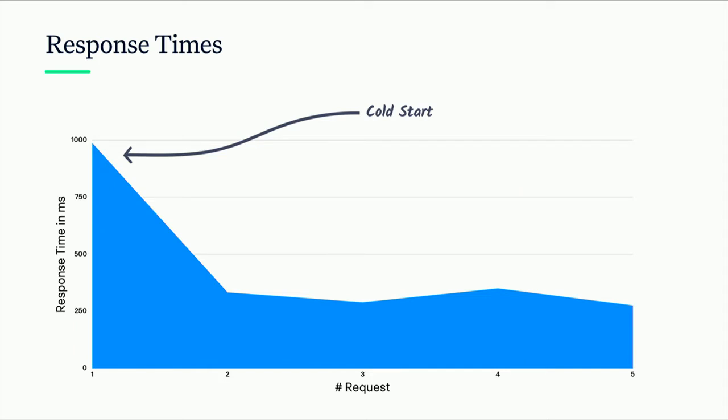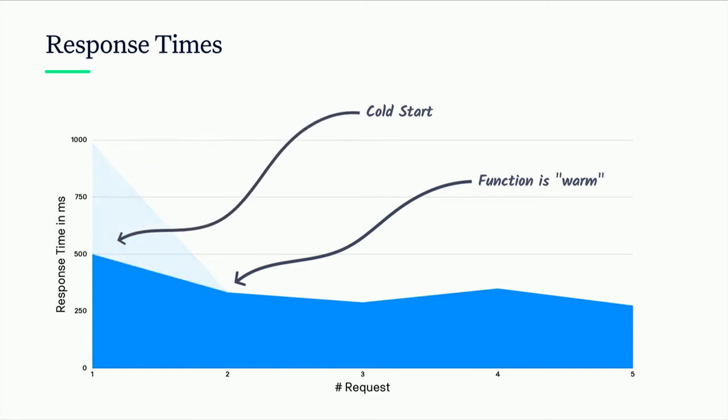But afterwards, as soon as the function had this cold start, this initial one, your function is warmed up, and usually those response times are quite a lot lower. And if you can reduce the response times by, for example, reducing the size of your Lambda function, so to not put everything into one function, but to separate your functions and your concerns, you might be able to reduce this cold start time.